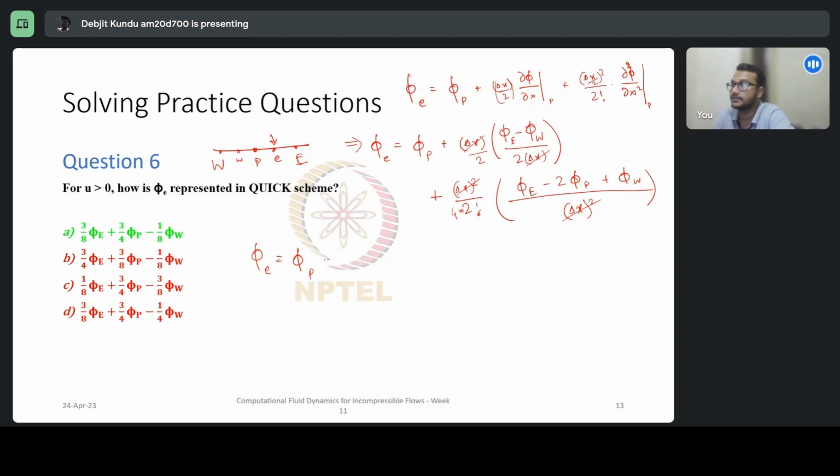So I have phi p plus phi e minus phi w divided by 4, and here I have phi e minus 2 phi p plus phi w divided by 8. Now I will club terms together. So for phi e, it would be 1 by 4 plus 1 by 8 into phi e.